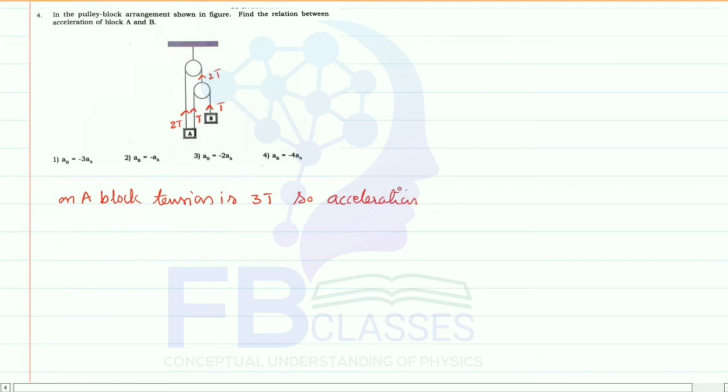The acceleration of A block is 3AA. Okay. Now on B block the tension I took as T. So now the acceleration becomes AB only.